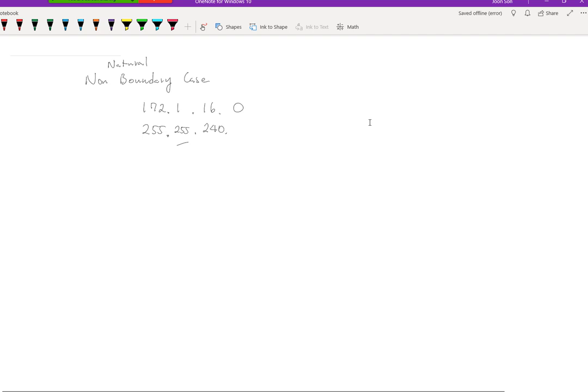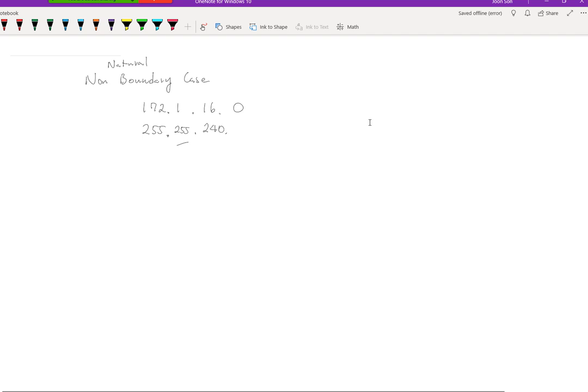The best way to solve this is: I know that this is 255, which is 1111 1111, and we have to convert 240 to binary. This third octet is the one we have to pay attention to.